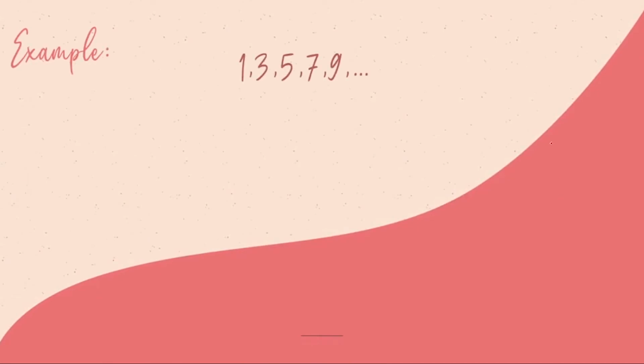Then, let's look at this first sequence here. We've got 1, 3, 5, 7, 9, dots. This goes on forever and ever. But first we want to talk a little bit about the terminology.